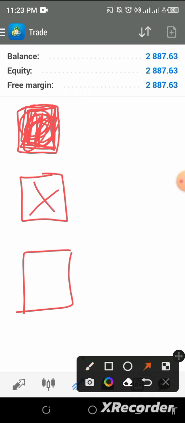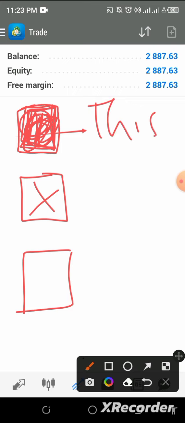This is a very high impact. Anywhere you check your Forex Factory and you realize that the box in front of the news is red, it is very high impact. It always affects Forex.